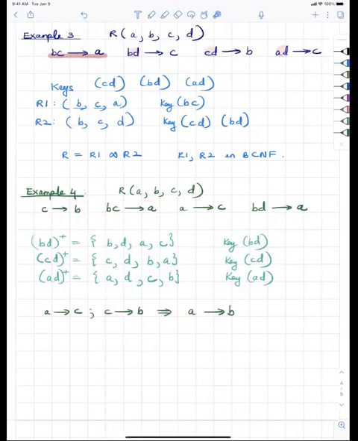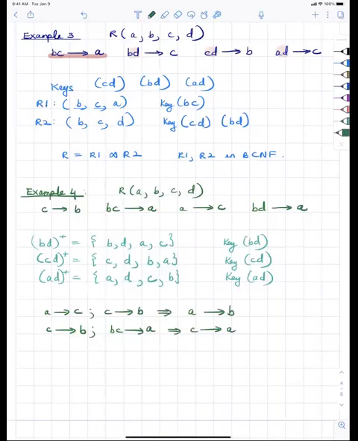We have C goes to B, and then you have BC goes to A. So this should imply that B... no, that should not imply B goes to A. I've got that wrong, it should be C goes to A. Yes, so C goes to B and BC goes to A will imply that C goes to A. So there are two other functional dependencies that you could derive from here.